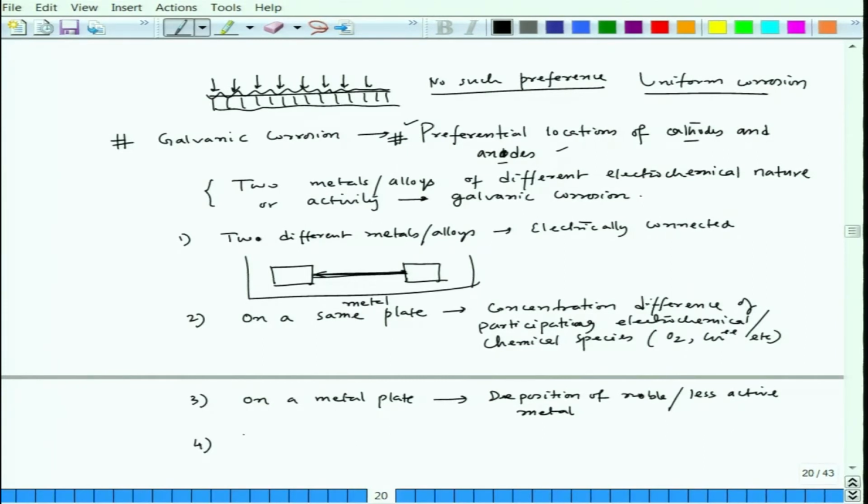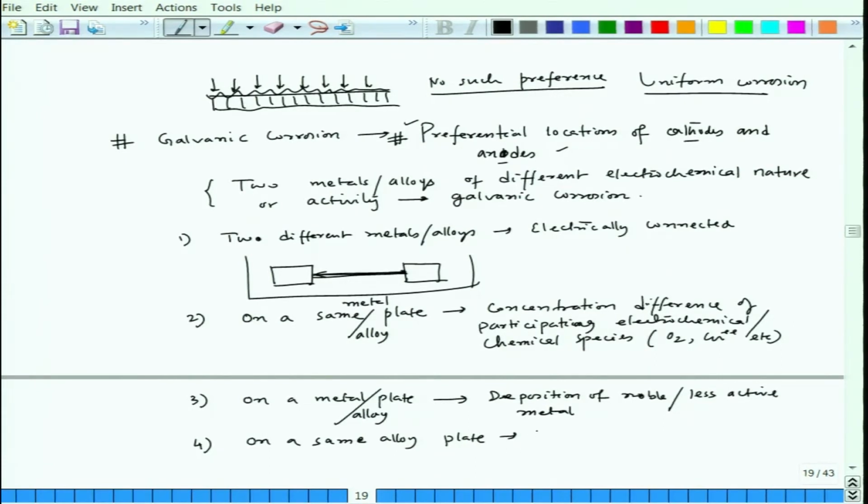There could also be, on a same plate, or in this case, instead of metal I would say alloy plate, and in all the cases you can put alloy, but here I am putting only alloy.